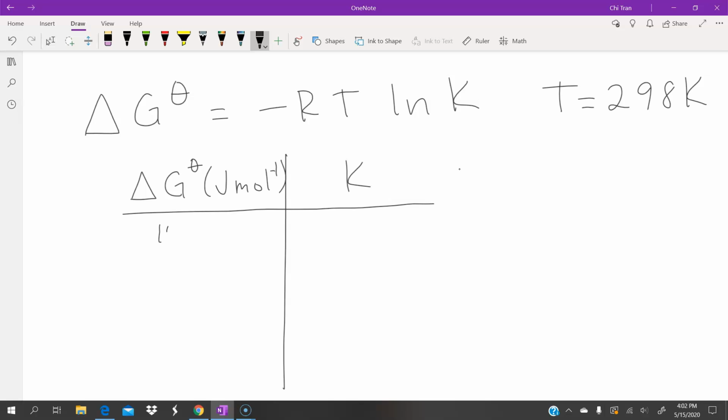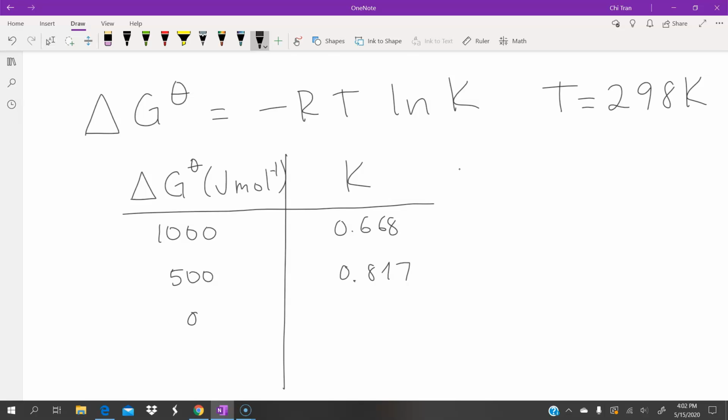So when Gibbs free energy is at 1000 joules, the equilibrium constant is 0.668. And this is rounded to 3 significant figures. And when Gibbs free energy is at 500, our K value is 0.817.